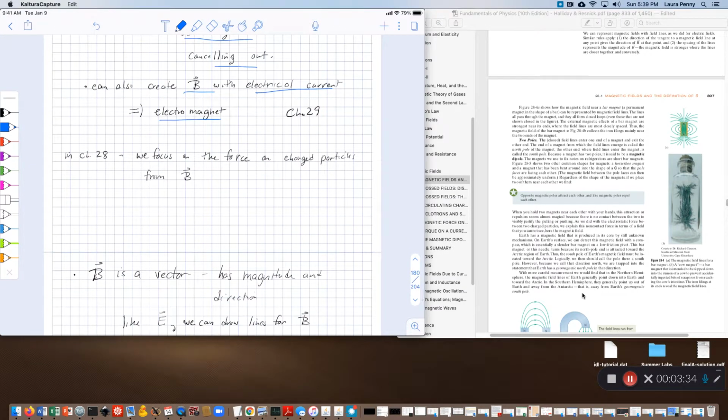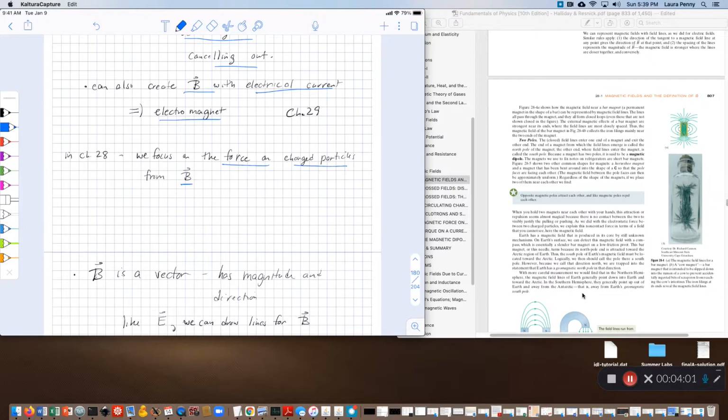In chapter 28, we're going to focus on the force that magnetic fields can exert on charged particles. So charged particles are not only responsive to each other through the electrostatic force, but they also respond to the magnetic field. And in fact, the basic force, the force of nature, is actually called the electromagnetic force.